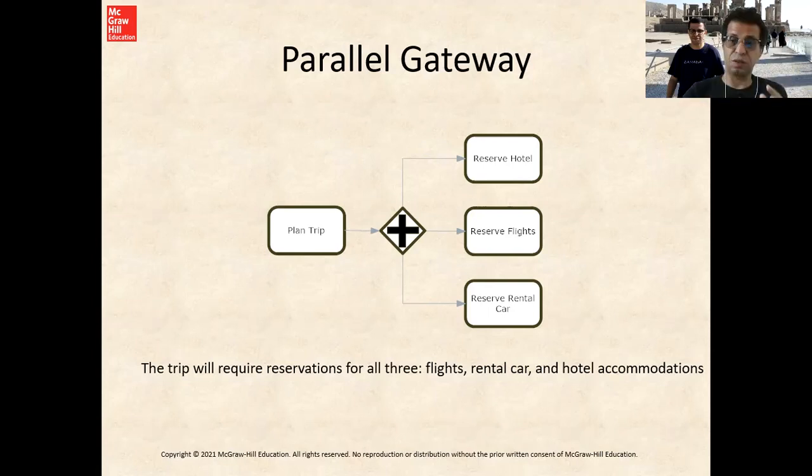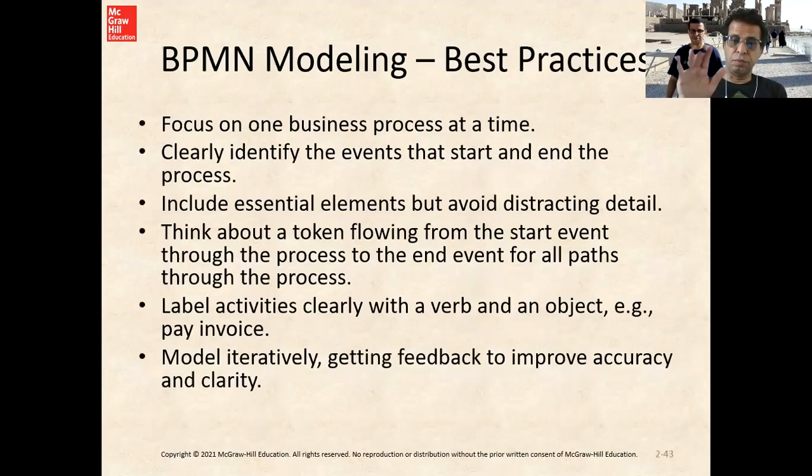So these three have to be done together in order to have a successful service or product. It's like building three parts of a machine, a product, and they have to be assembled together. These have to go together.